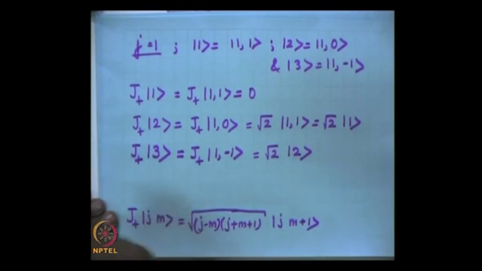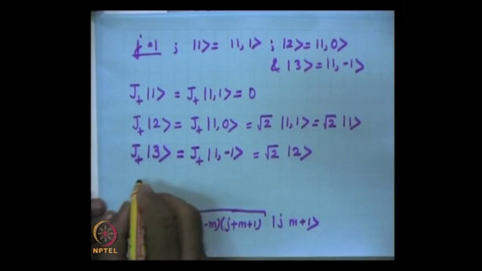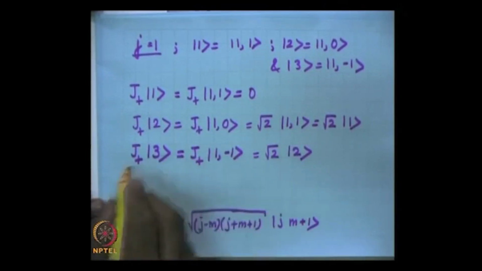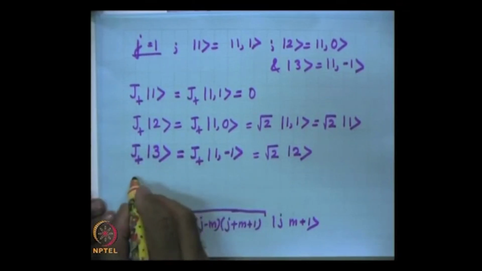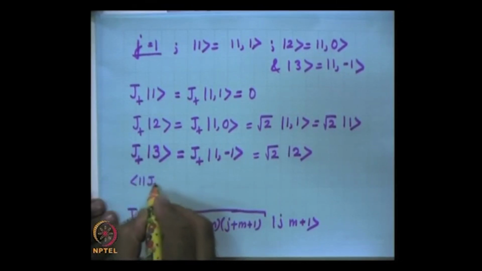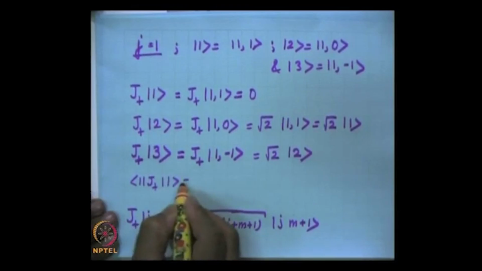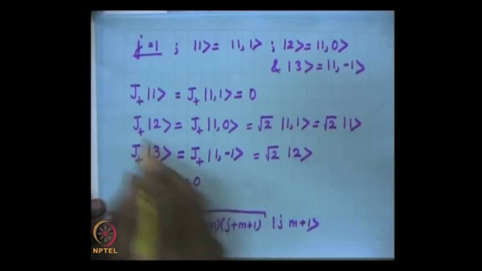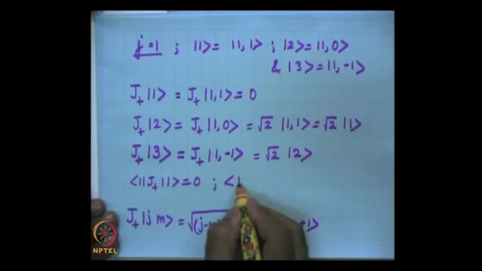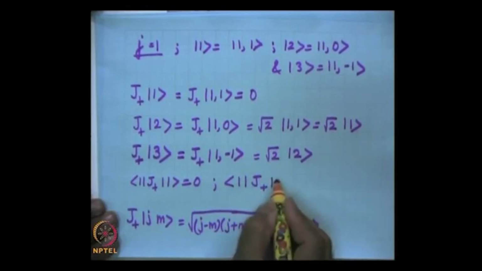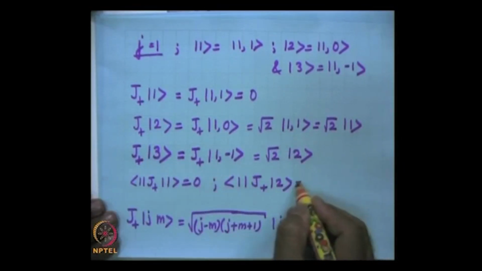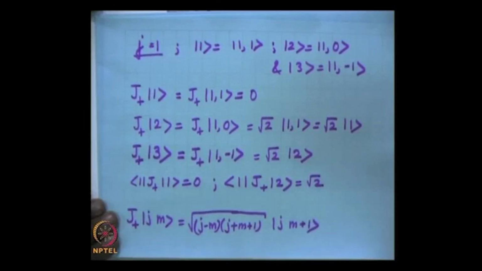And similarly, I can write it down for all others. Using this, J plus on ket 1 is a null ket, J plus on ket 2 is square root of 2 ket 1, and so on.